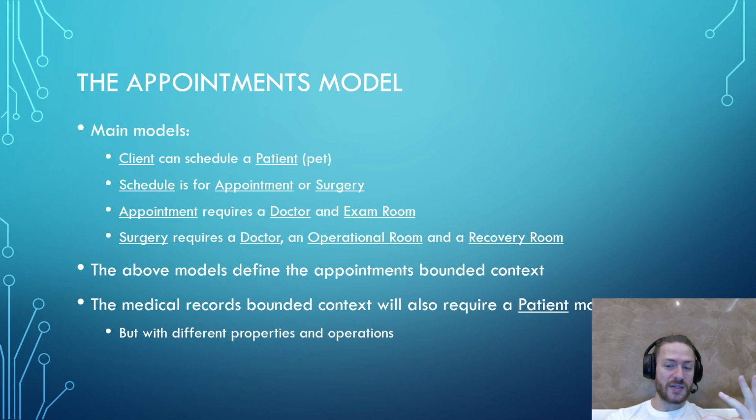So patients, in terms of two different bounded contexts, you will have some of the properties in the one class and some of the properties in the other class, and that's the whole idea here.